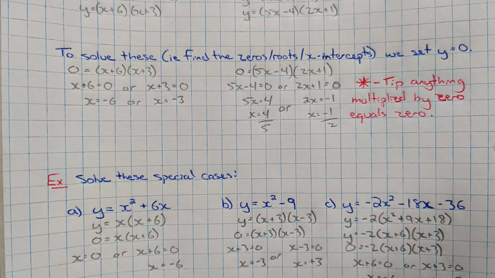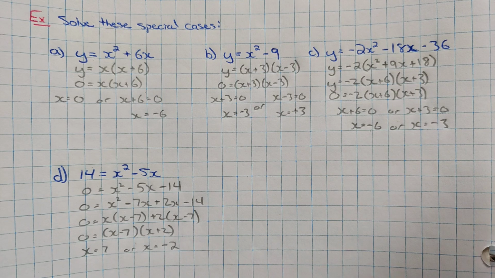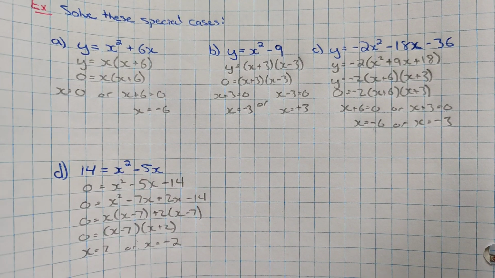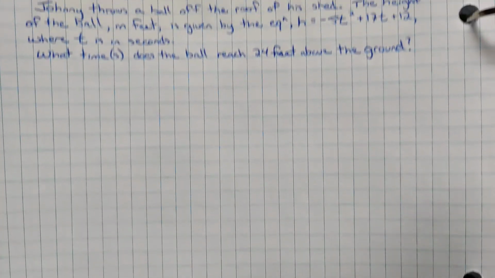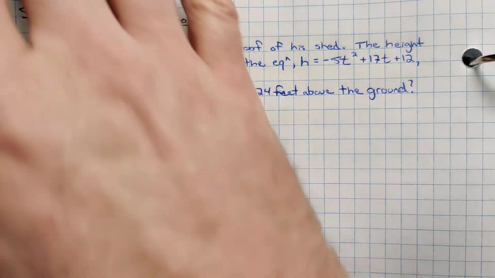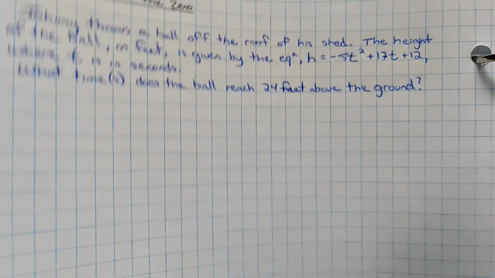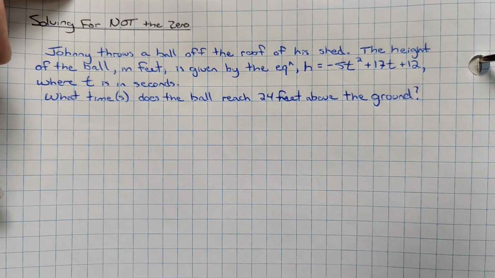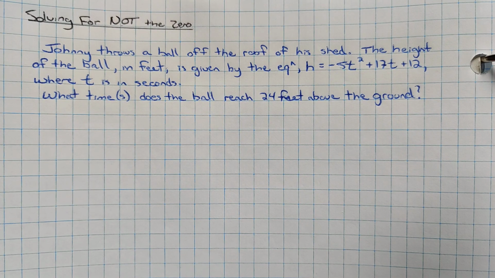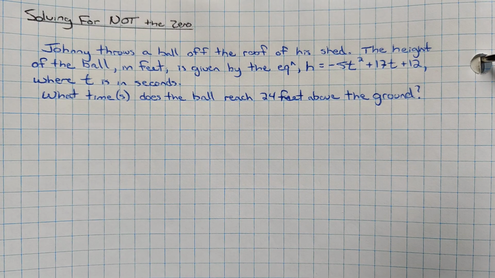So let's take a look at one of the uses of this. Sometimes when we're solving problems, all the cases we've looked at, we've been solving for the zeros. But sometimes we don't want to find the zeros. We want to find at a given value.